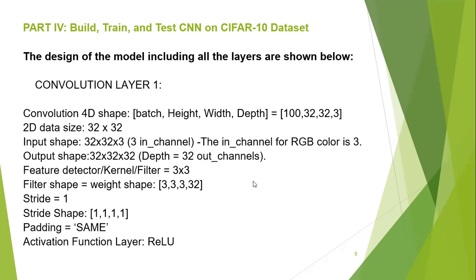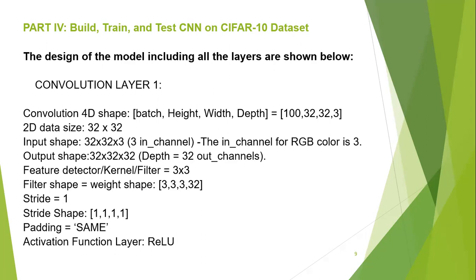So there is no need to use a 5 by 5 for this CNN. The filter shape here is 3 by 3 by 3 by 32.